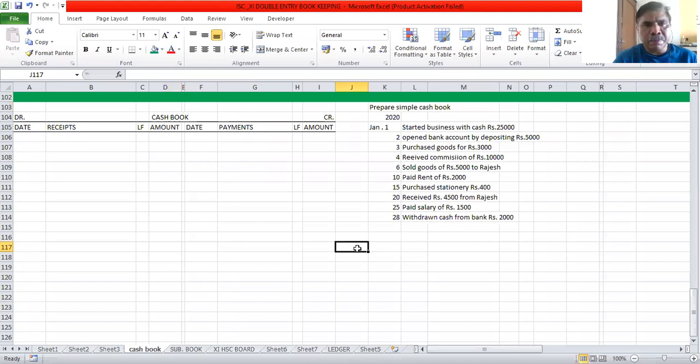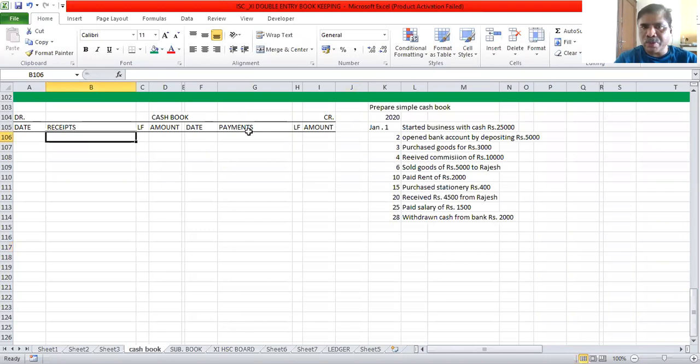See, simple cash book is nothing but it is like a cash account. We have two sides in the account, debit side and credit side, and cash comes under real account. The real account rule says: debit what comes in, credit what goes out. When cash comes in, we will debit it.